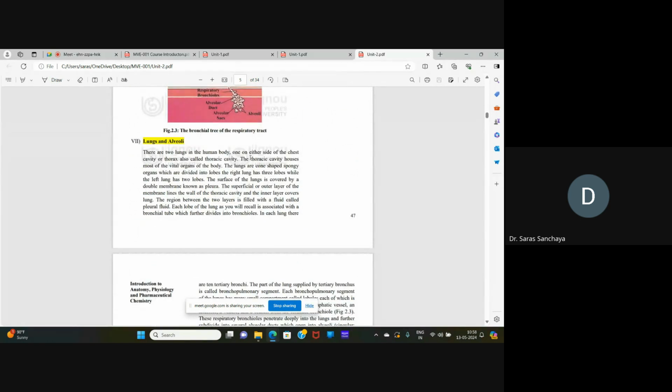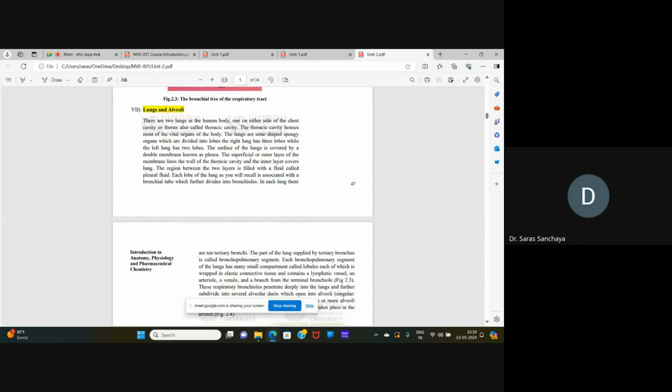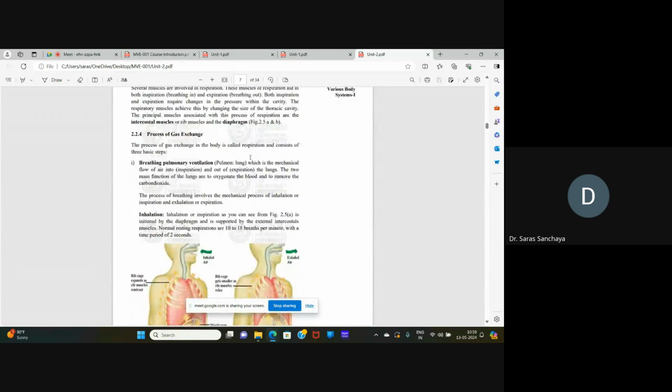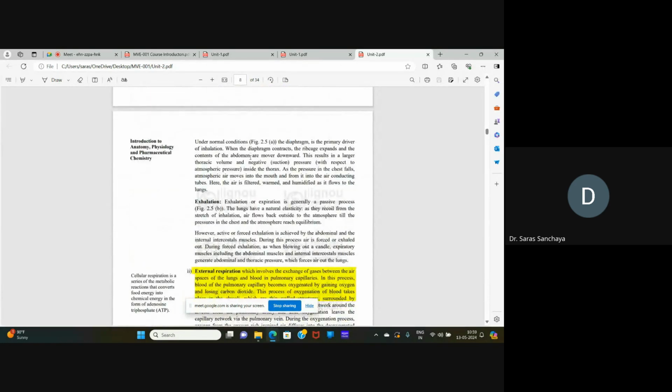Now there are alveoli which originate from the tertiary bronchi, and these are the main bags which help in respiration, in the transfer of oxygen and carbon dioxide between the lungs and the blood: oxygenated blood from the lungs, and deoxygenated blood back to the lung tissue, to maintain the exchange of oxygen and carbon dioxide. So they help in respiration.